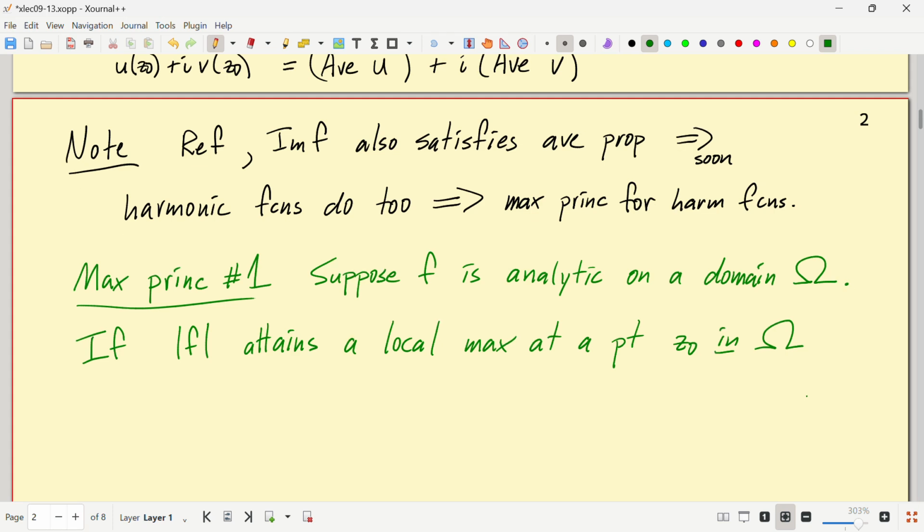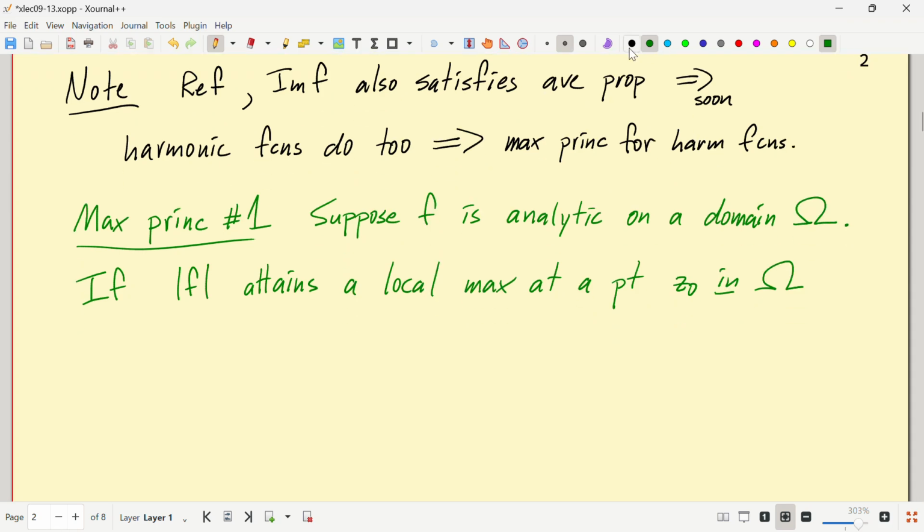Let's see, I guess I should say what that means. Meaning there exists an epsilon bigger than 0. That can be small. That's what we're thinking about, local. This is a local thing.